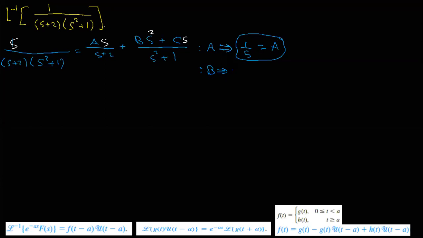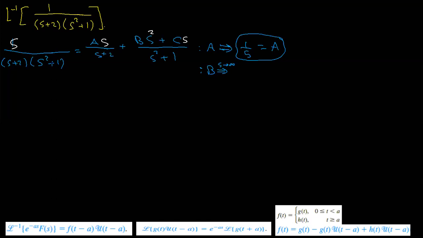So if S tends to infinity, could you please tell me the answer of this fraction if S tends to infinity? If you multiply by S and let S tend to infinity, this fraction will be what? It's very easy for you. Here you have only S up, and down you have S to the power 3.